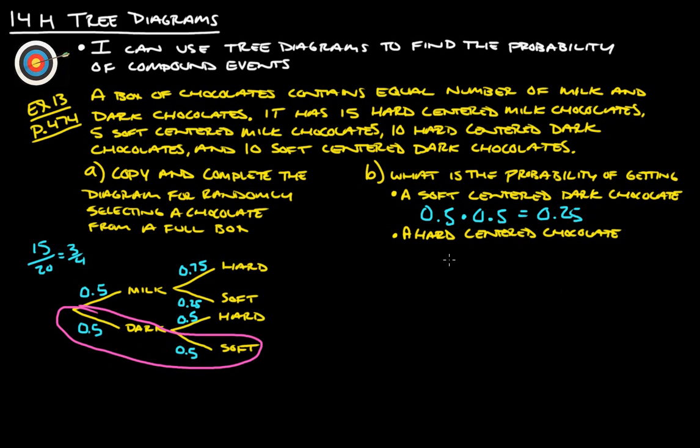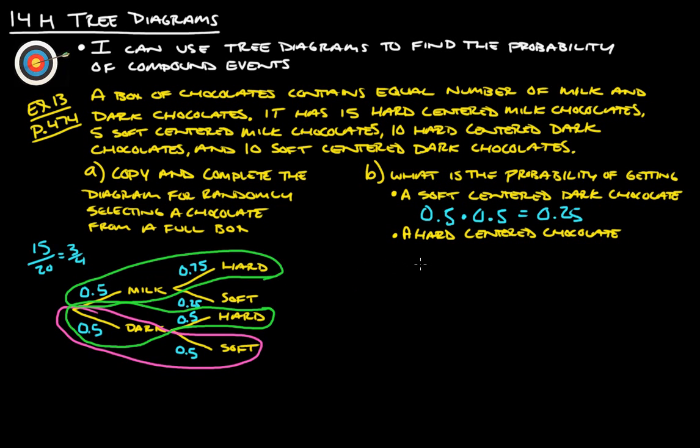Now, same thing, except now it's a hard-centered chocolate. It's not even dark chocolate, it's just a hard-centered chocolate. So here is one way of getting a hard-centered chocolate, and here's another way. We have to take these two and add them together.